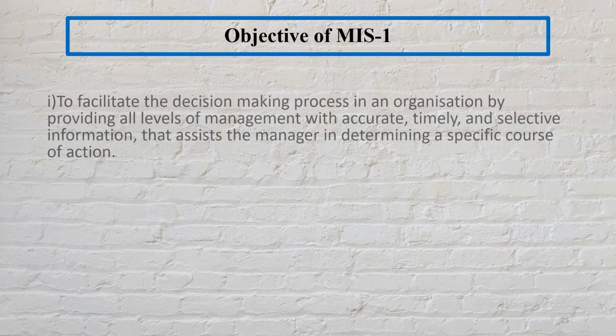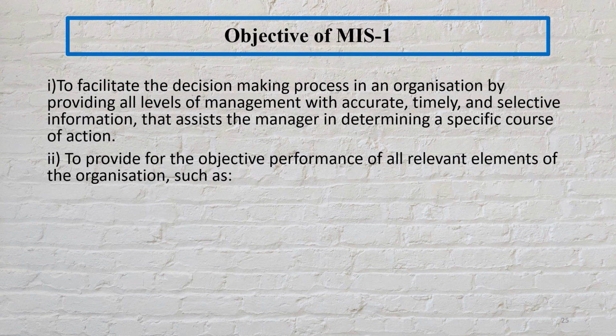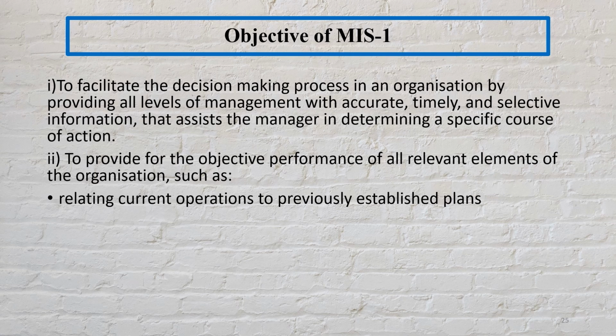To facilitate the decision making process in an organization by providing all levels of management with accurate, timely, selective information that assists the manager in determining a specific course of action. To provide for the objective performance of all relevant elements of the organization, such as relating current operations to previously established plans.